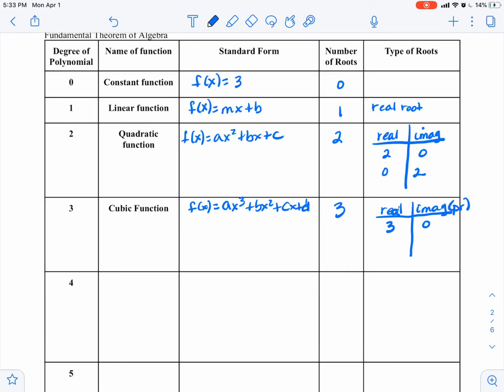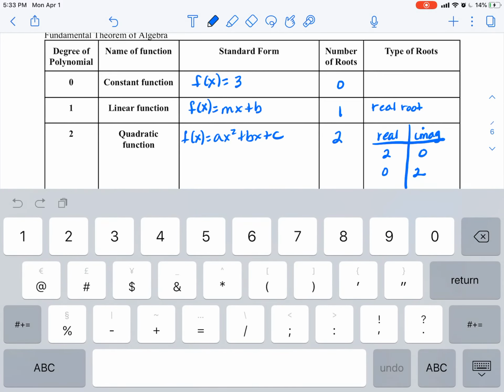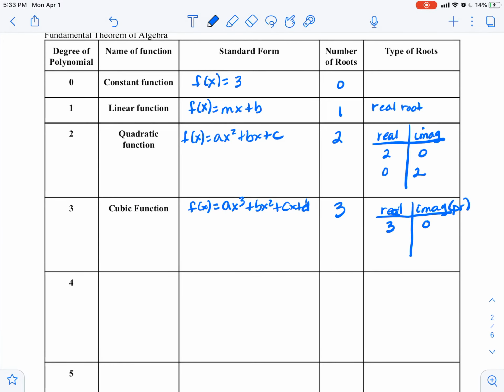So this can only go 0, 2, and 4. So I could have 3 real, 0 imaginary, or I could have 1 real and 2 imaginary, because my imaginaries come in pairs. You've got to always remember that.